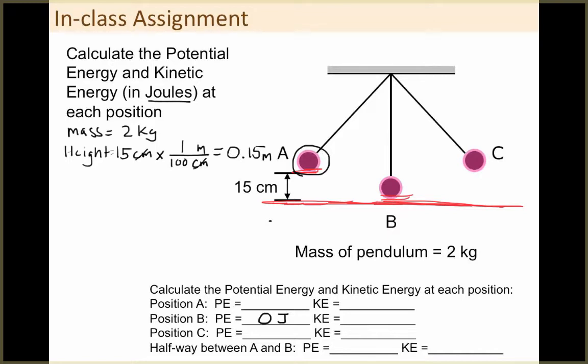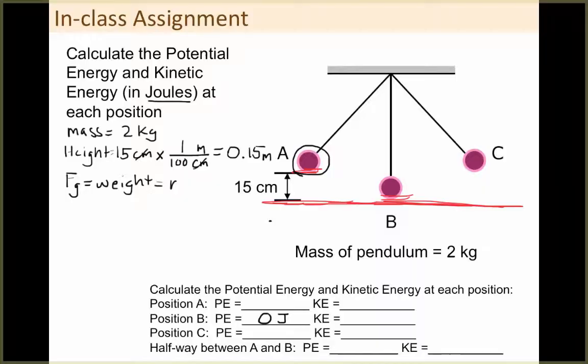All right, so now I have a mass and I have a height. What else do I need to know to calculate the potential energy? Well, I also need to know how much this ball weighs, or the force of gravity acting on this ball, which is the same as the weight.